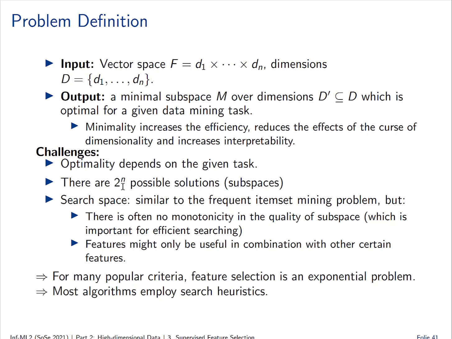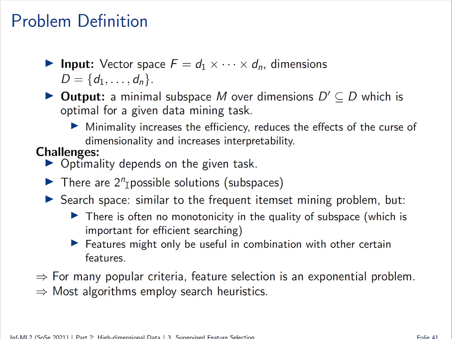The second challenge is that if we have n features, there are 2 to the power of n minus 1 possible subspaces, which is just all combinations of subsets of these d1 to dn.